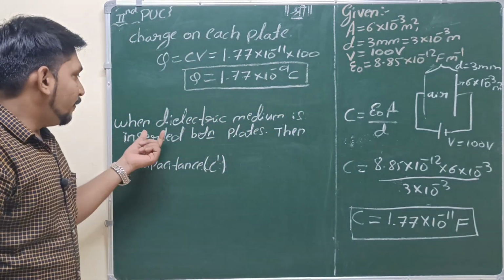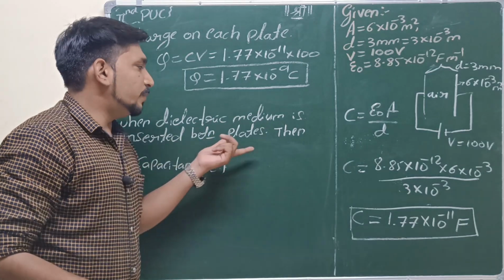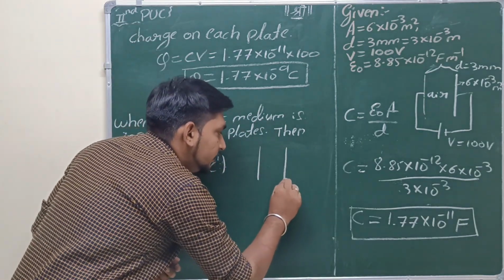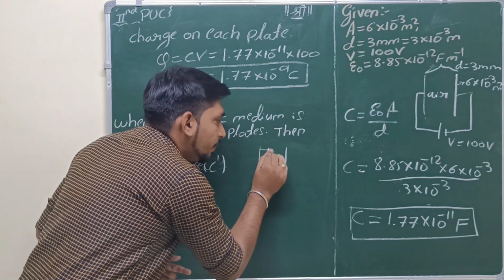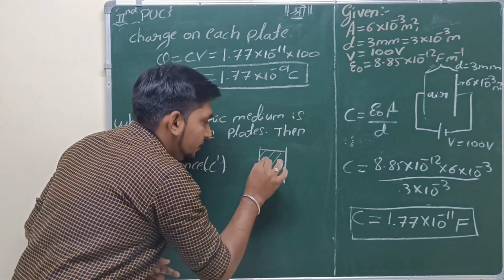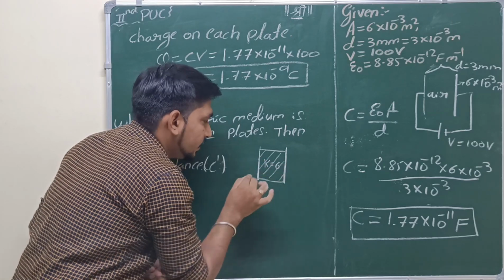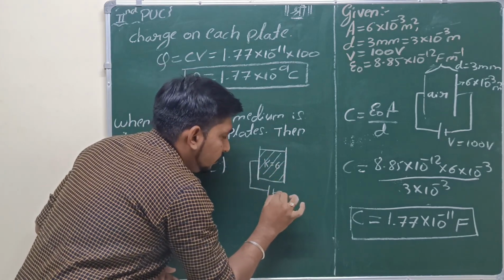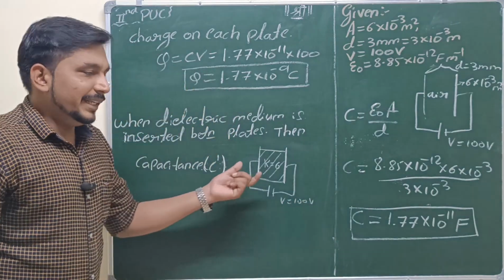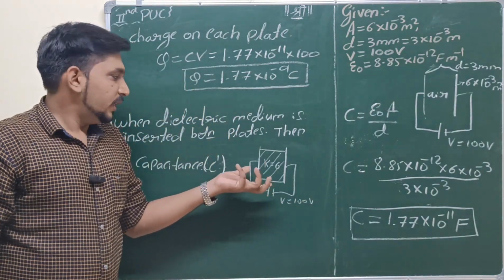The next point is when a dielectric medium is inserted between the plates. In between the capacitor plates, they are introducing a dielectric medium with dielectric constant 6. Again it is connected to a battery of 100 volt. In this case, what is the capacitance of the capacitor?